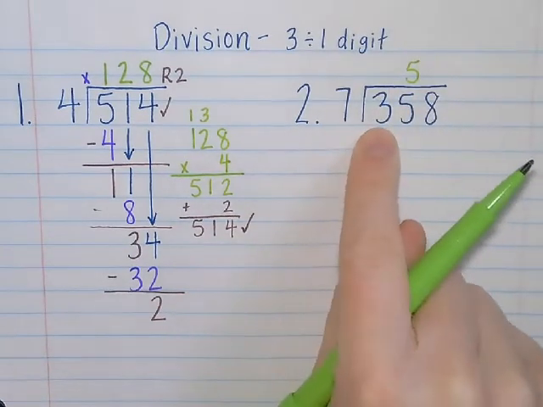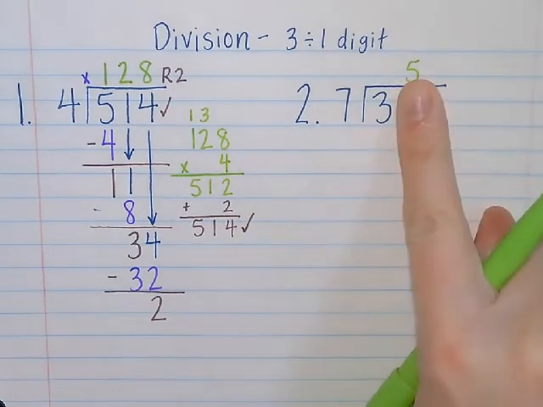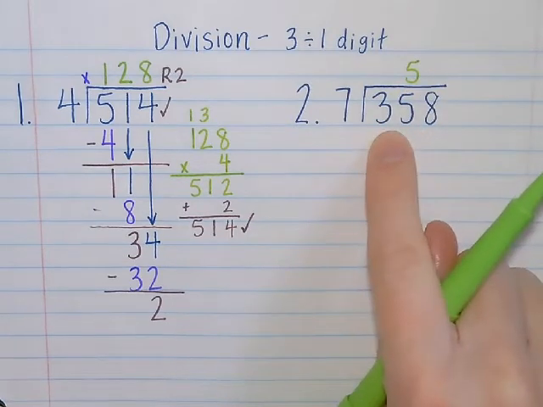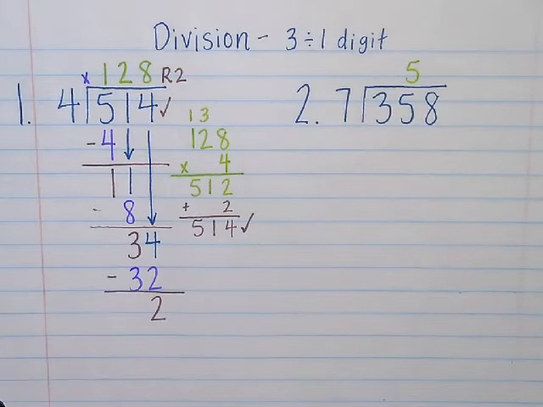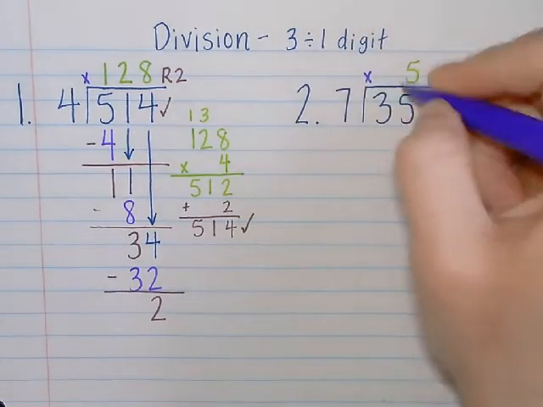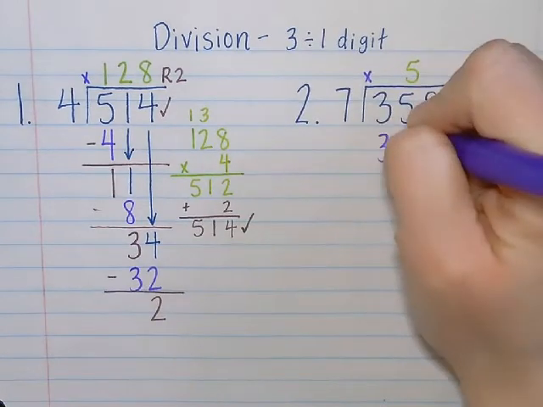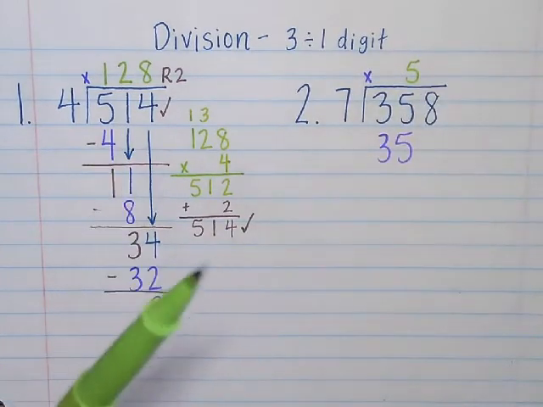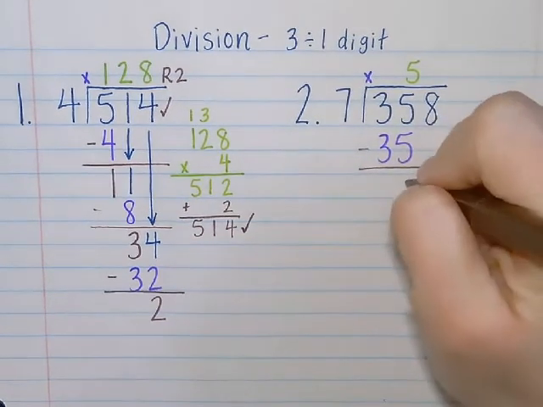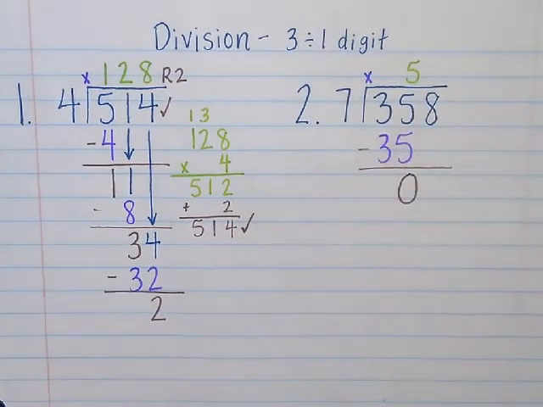It does not go above the 3 because I cannot make equal groups out of 3. I can make equal groups out of 35. And the process is the same. I need to multiply 7 times 5, which is 35. And then I need to subtract. 35 minus 35 is equal to 0.